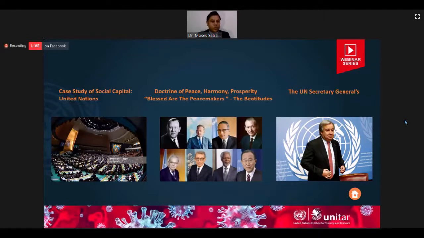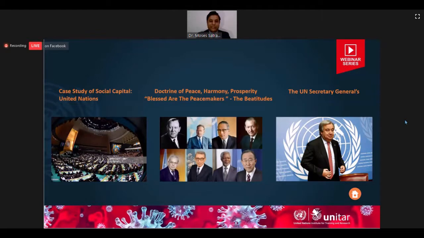It's such a unique and dynamic model of Ubuntu. If we have shared responsibilities and a good understanding and positivity around this concept, we need to appreciate that this organization was set up in 1945 after World War II with a very ennobling vision to promote peace, harmony, and prosperity.